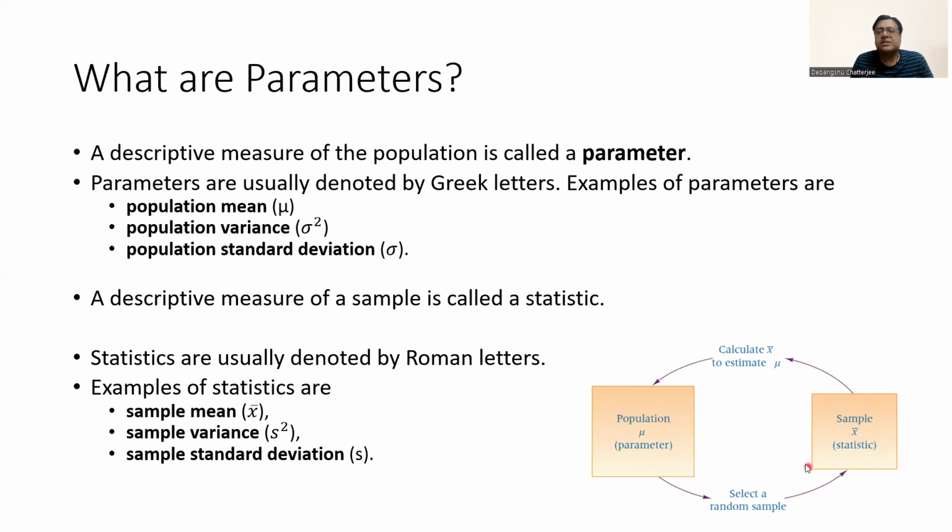So where it is described: calculate x bar to estimate mu. So when we are considering a sample, we will calculate x bar and say that it estimates the mu for the population.